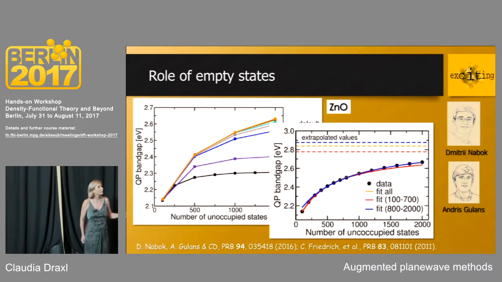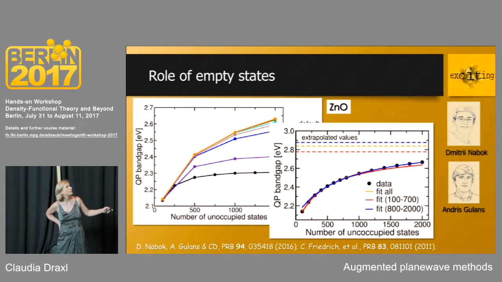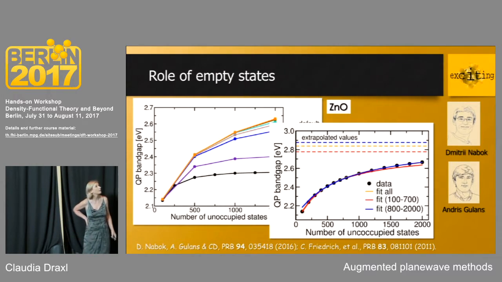But if you have a closer look, you see that this is still not enough. This is still far from being converged. And if you do an extrapolation to the converged limit, you would see that you get to somewhere around 2.8. So you still go up a few tenths of an electron volt here.